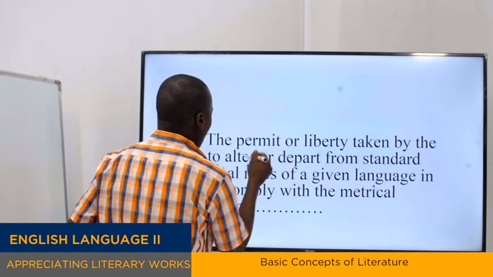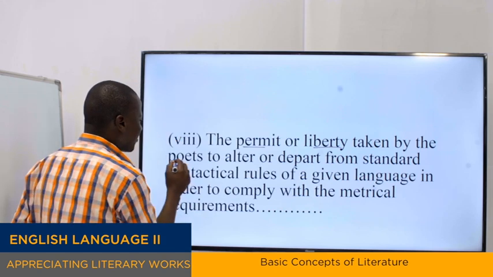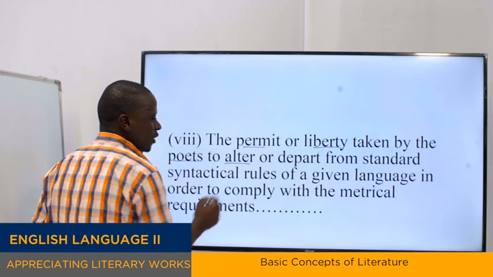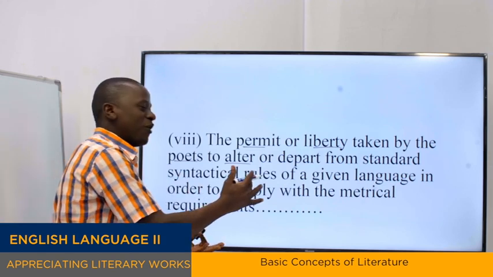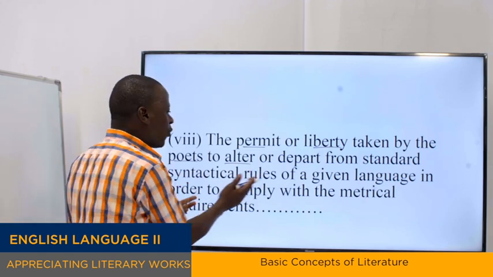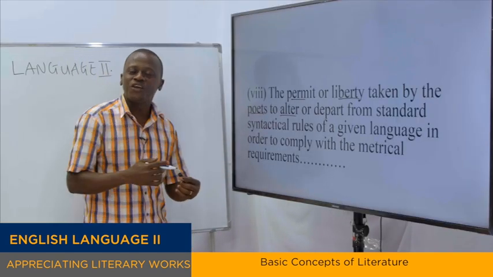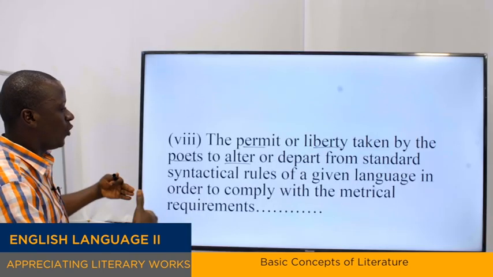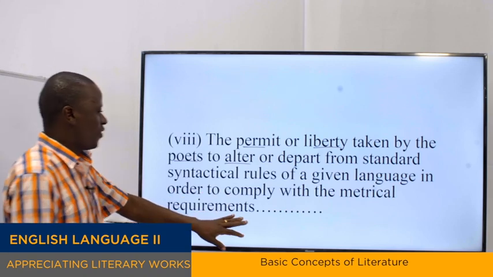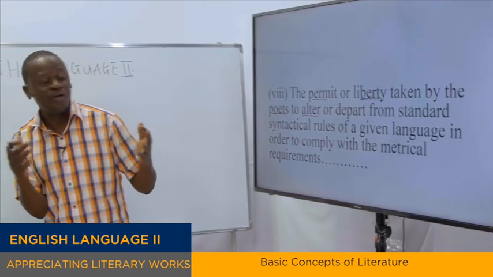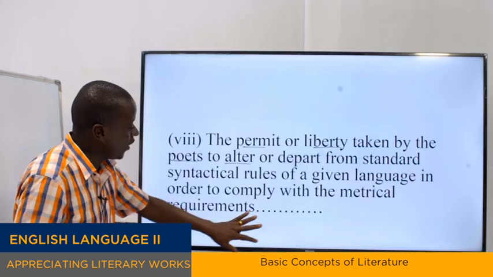Look here, my students. A liberty taken by the poets to alter or change, to depart or deviate from the standard syntactical rules, the rules which govern the particular language. The poets tend to change or deviate primarily to comply with the metrical requirements. Now, can you tell the literary term that fits here?